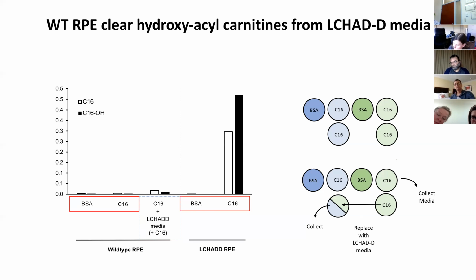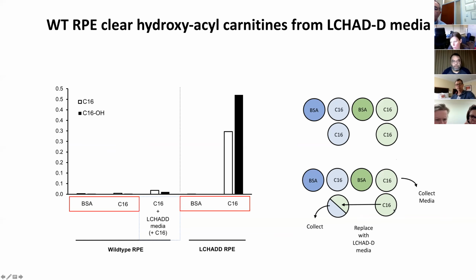And if so, what proportion of cells would need to express the wild type enzyme to effectively clear these species from the local environment? So here the blue circles indicate wild type and the green circles are LCHAD deficient cells, sorry about that. Here we fed both cell types either BSA or BSA conjugated to palmitate. We then collect the media 24 hours later in both cases.